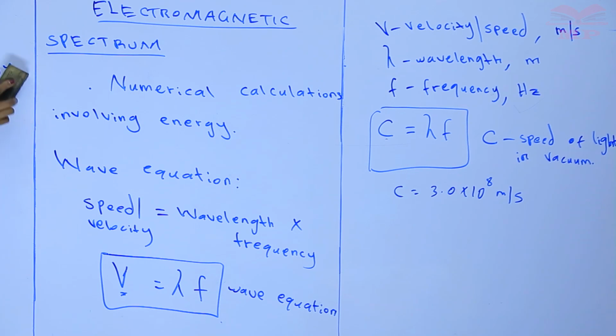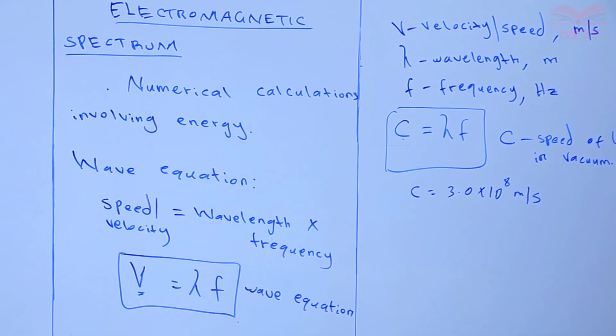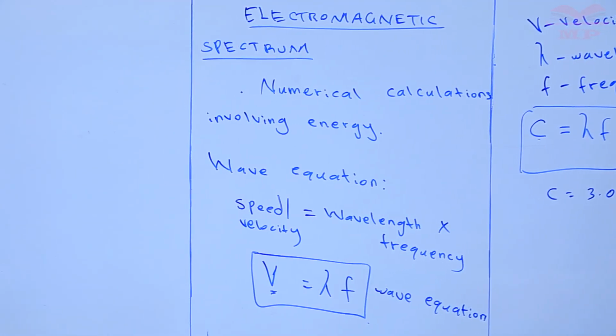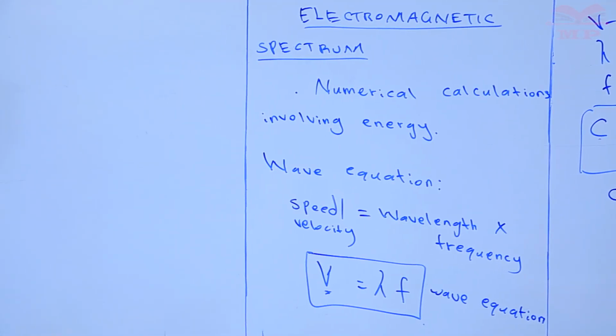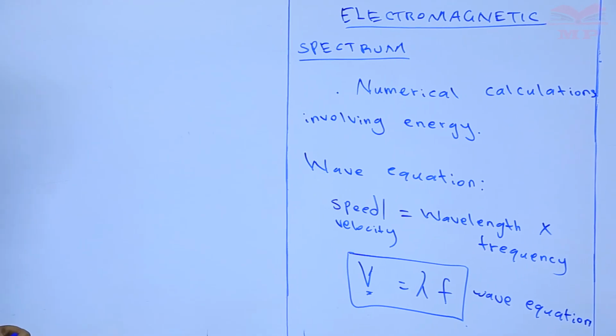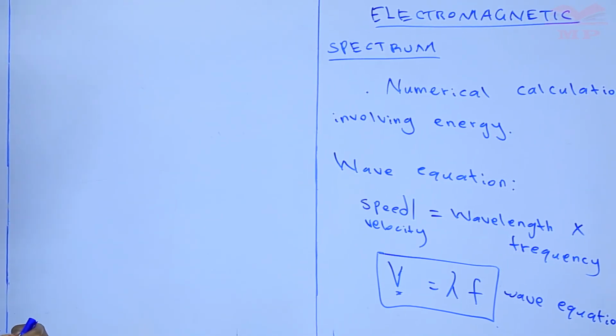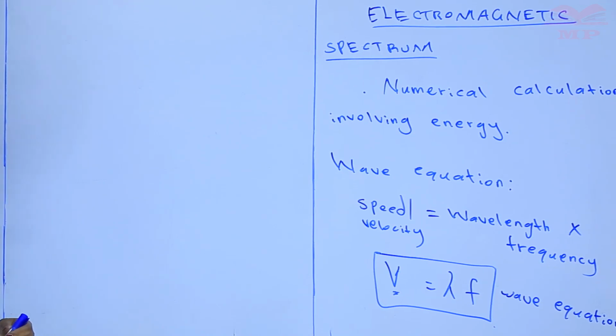As we said, electromagnetic waves possess energy in different amounts. And one thing I would like you to note is that energy is directly proportional to frequency. The higher the frequency, the more the energy.